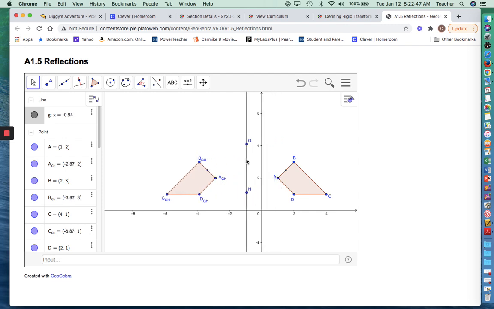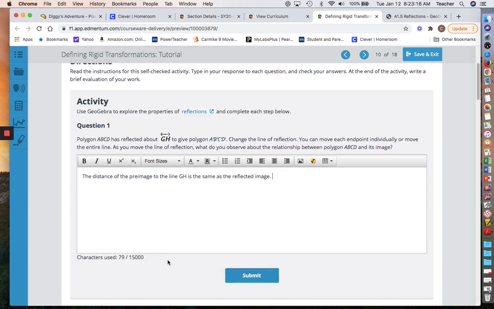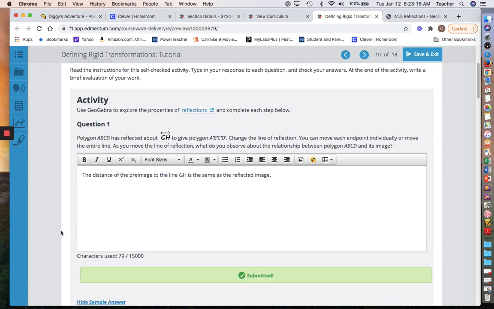They are the same distance away. So I'm going to say the distance of the pre-image to the line GH is the same as the reflected image. Seems like we talked about that before. Distance is the same.